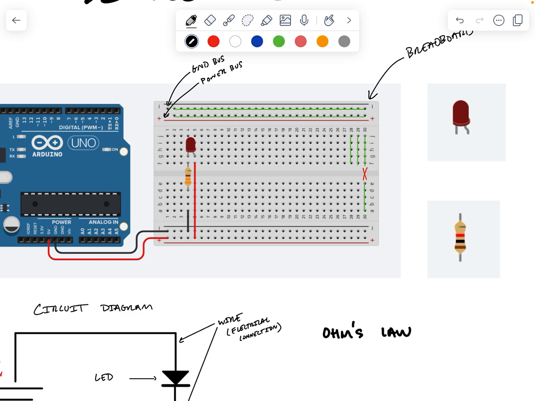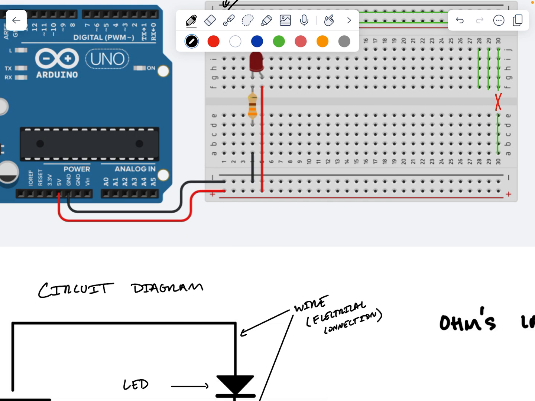It's also pretty helpful, as you learned in the activity today, the color of the wire doesn't matter in terms of conducting electricity. A wire is a wire is a wire, but we always have red indicate power and black indicate ground.